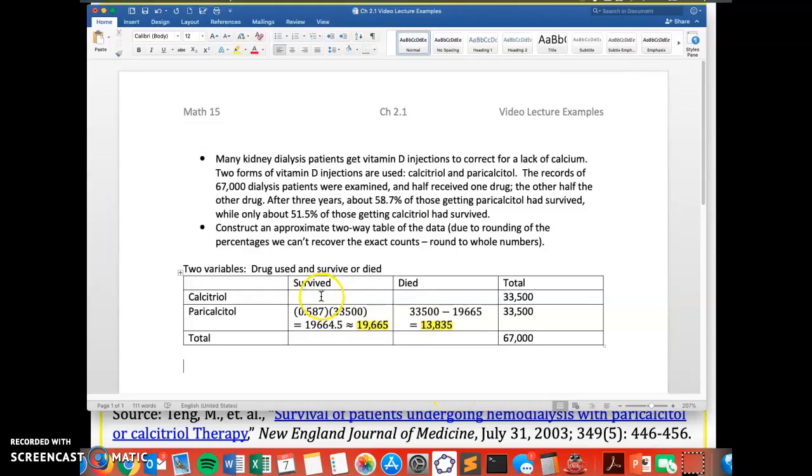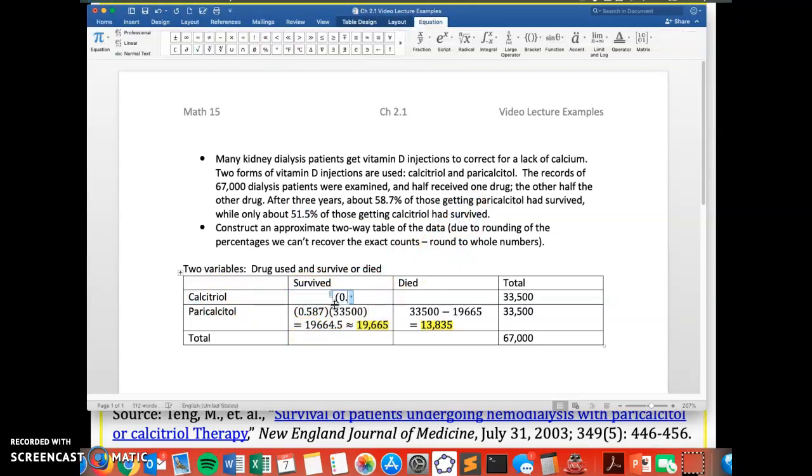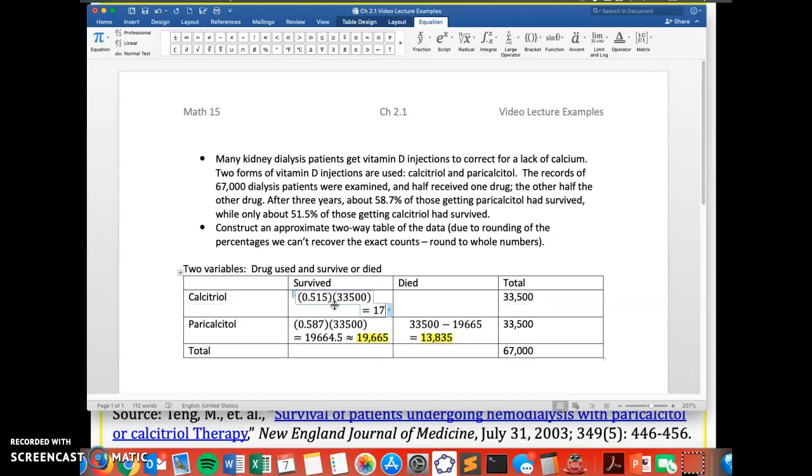So we do the same thing with the next percentage, 51.5% of those getting calcitriol survived. So that's going to be the cell above. Go through the same analysis, that's 0.515 times 33,500. And that's going to be equal to 17,252.5.